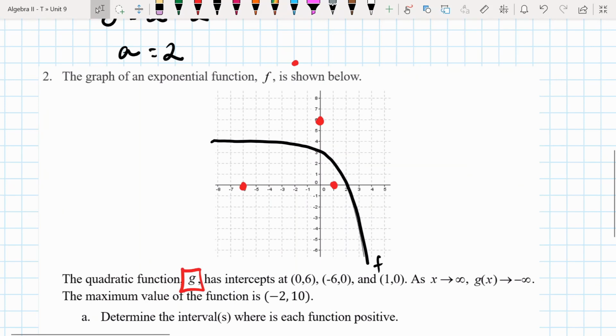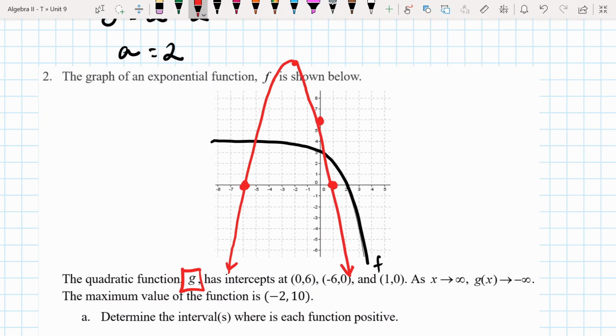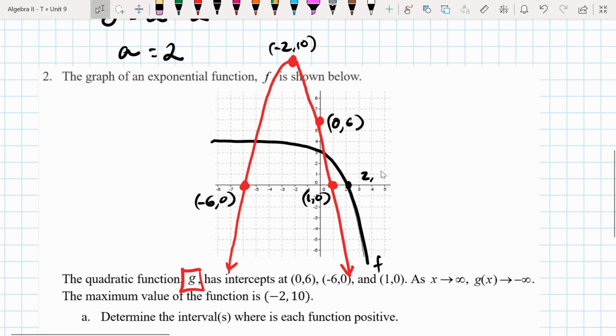Based on the behavior or the location of these points, I think it's safe to assume that this is a quadratic function that looks kind of like this. So this is (-6, 0), (-2, 10), (0, 6), and this is (1, 0). And this point right here is (2, 0).